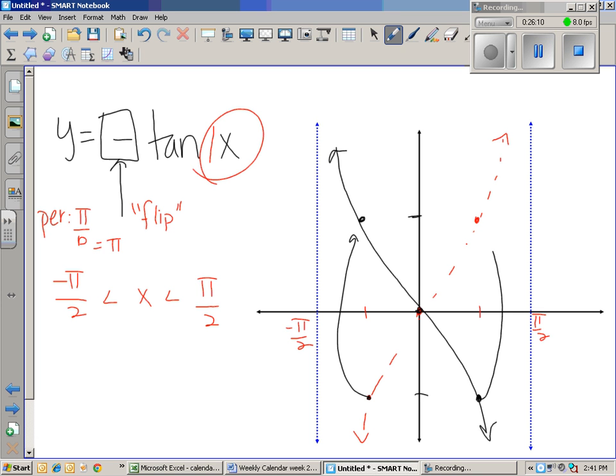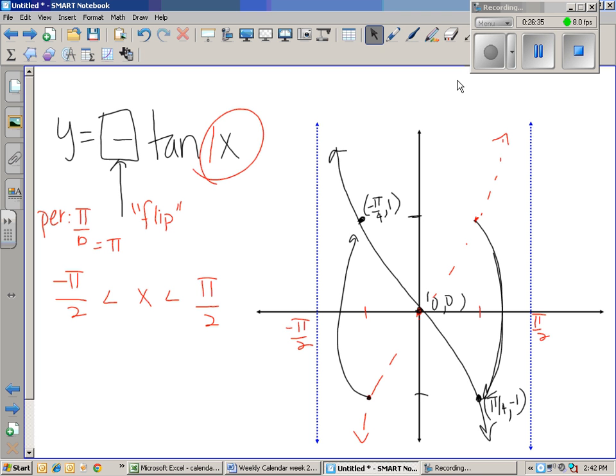This y value came up here. Or vice versa. This y value came down here. So what was down goes up, and what was up goes down. So now when I label my points, it's negative pi over 4, comma 1, 0, comma 0, and pi over 4, comma negative 1.